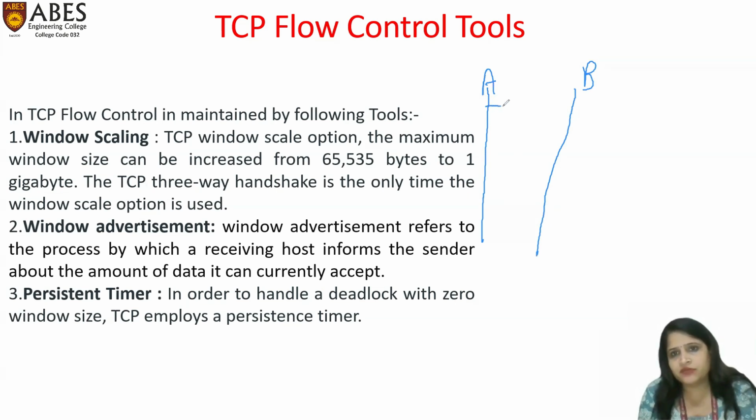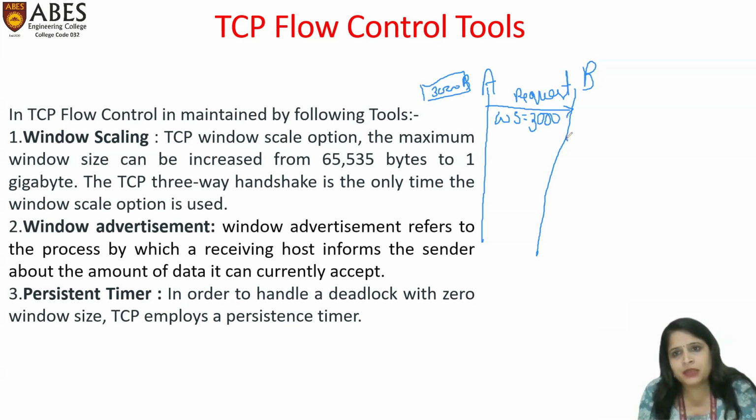To establish the connection, first the client will send a request message to the server B. At the time of the request message, the client also sends its buffer size, that is the window size. For example, in that case, it is 3000 bytes. So the client buffer size is 3000 bytes.